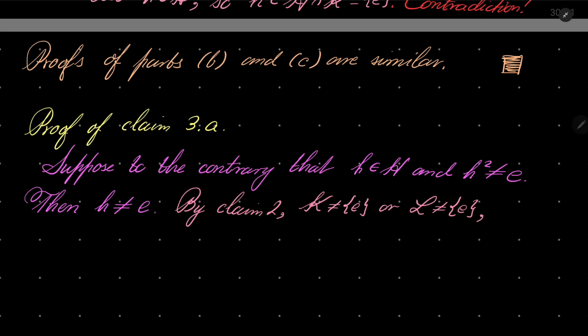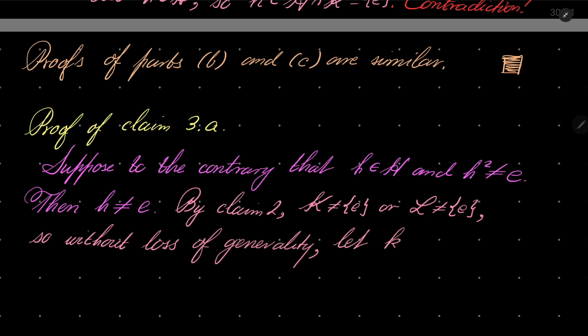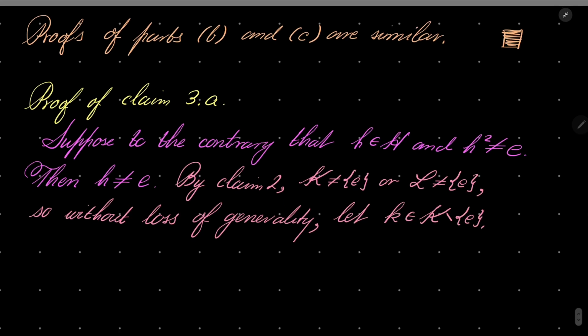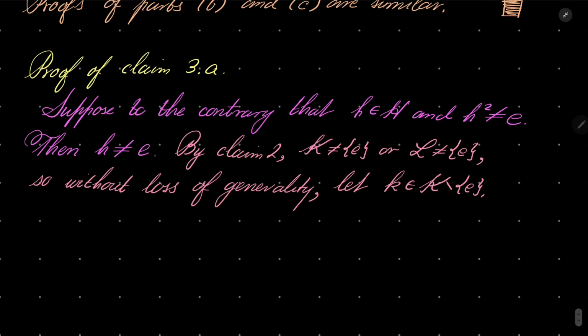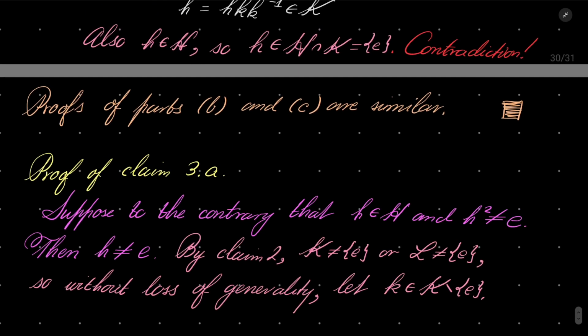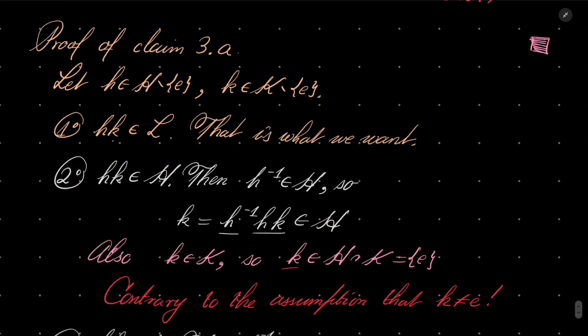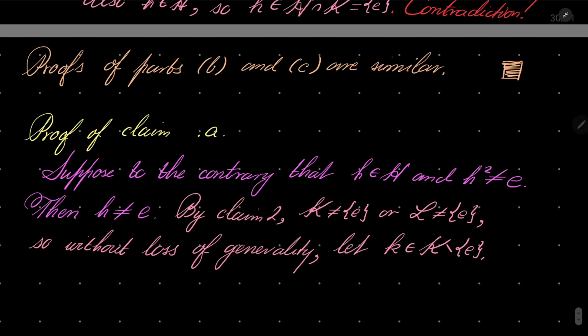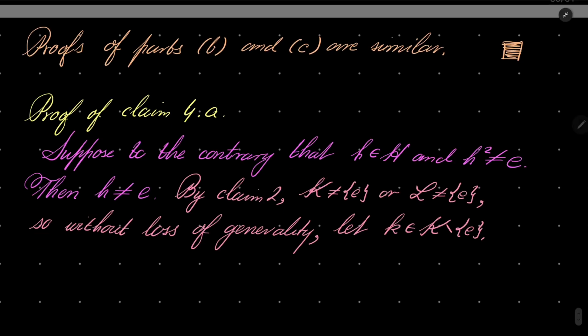So without loss of generality, for example, let K be in K, but it's not a neutral element E. Well, then by claim number 3, probably. Oh, sorry, I made a slight mistake in numeration. We are proving claim 4a, not 3a.